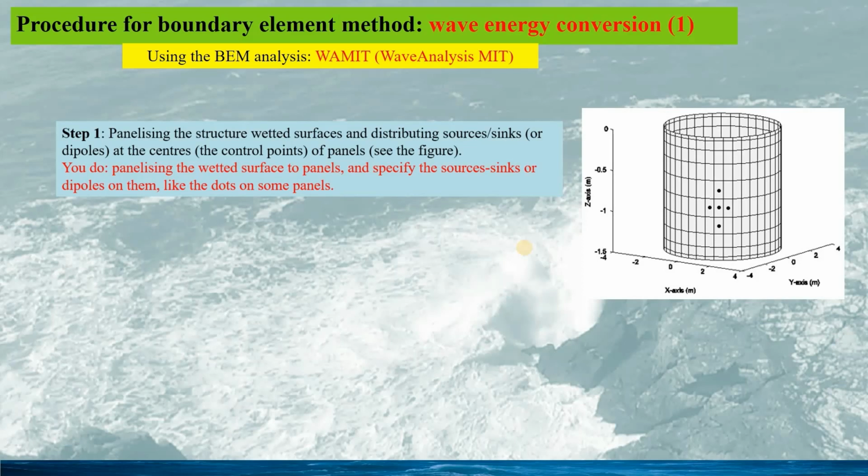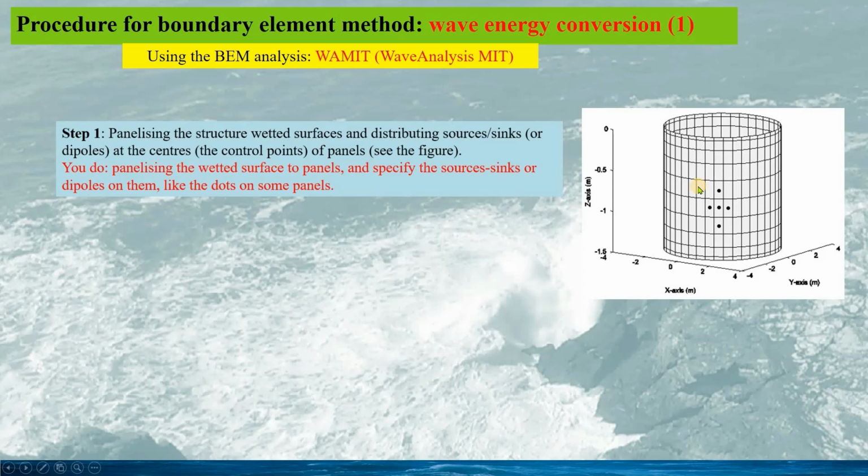For using the boundary element method for wave energy conversion, the commercial code WAMIT is used here as an example, but it should be noted that other BEM codes follow a similar procedure. Step 1. Panelize the wet surface of the structure into many small panels, as seen in this figure for the circular cylinder.